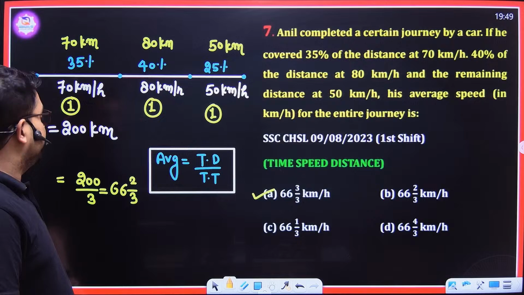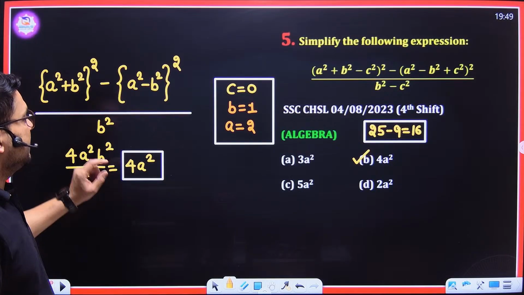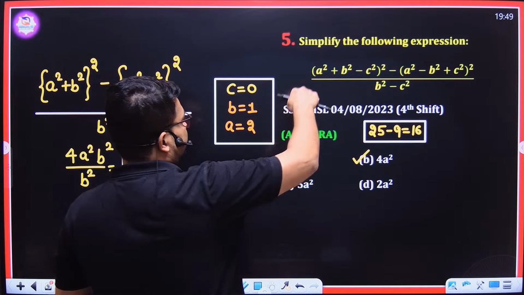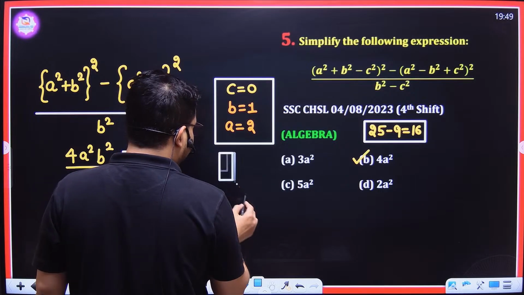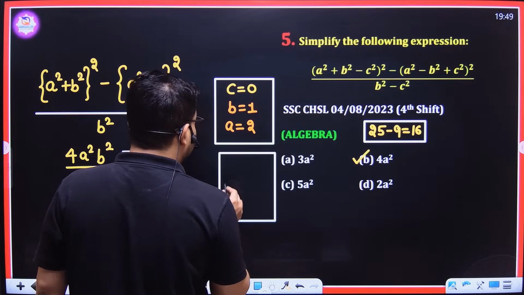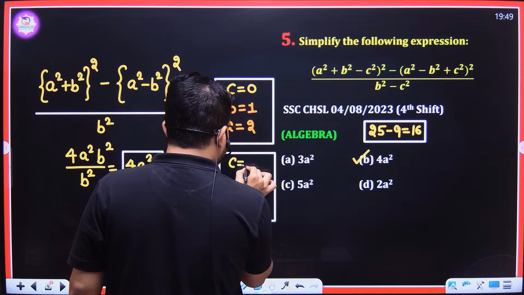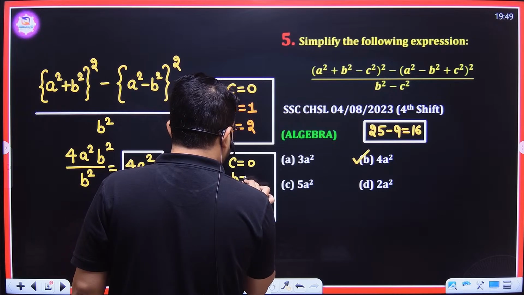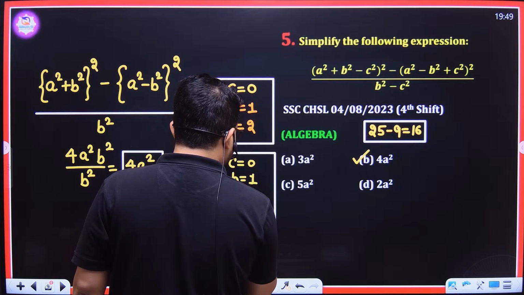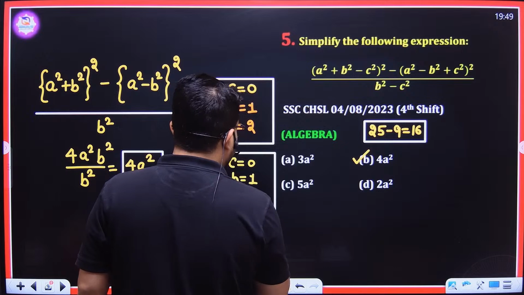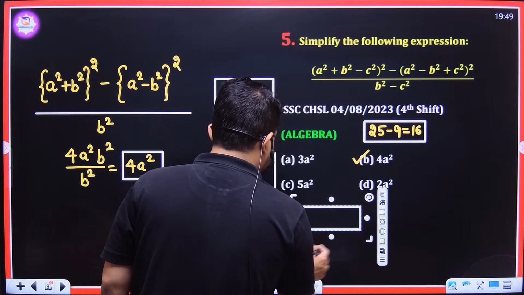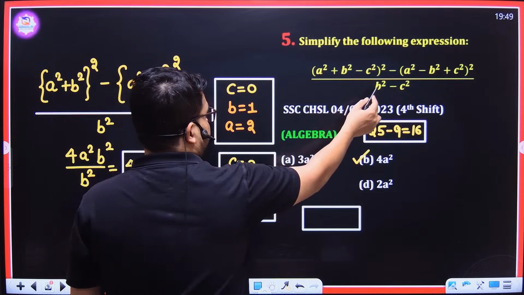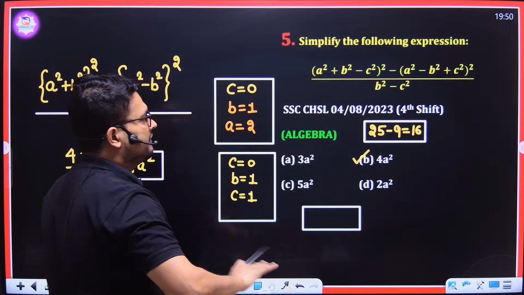Now see, this one we had understood incorrectly, as it was a square. So you can also put the values as c equal to 0, b equal to 1 and a equal to 1. If I put these values, then what is my answer? If I put c equal to 0 and b equal to 1, the denominator will be eliminated.